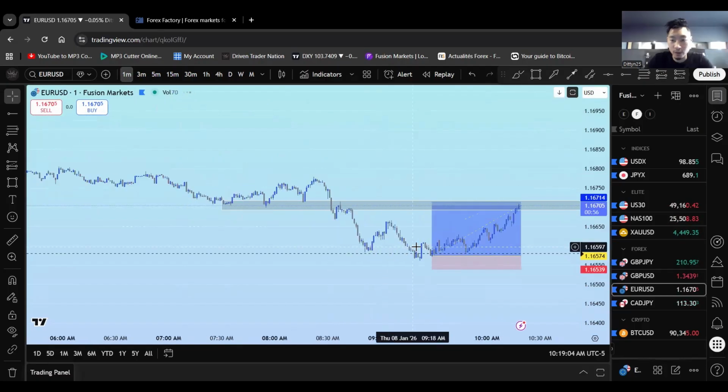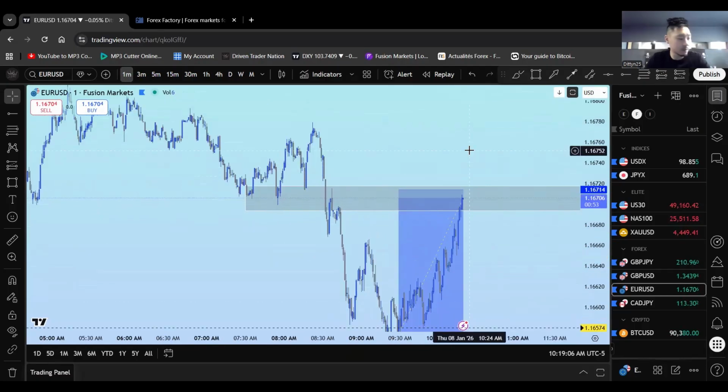So I took 3 positions on that. It's crazy. Anyways, I didn't post this setup yet on the free Telegram. I will shortly.